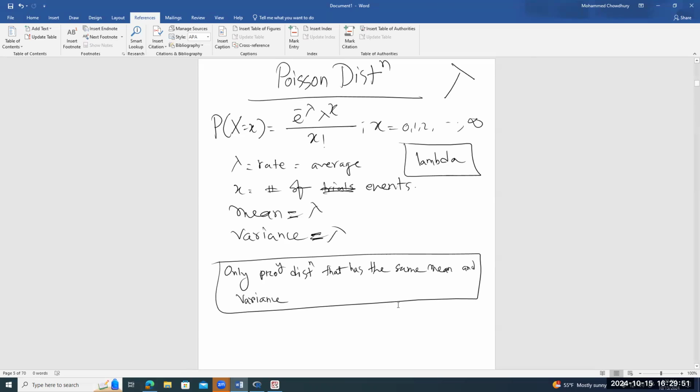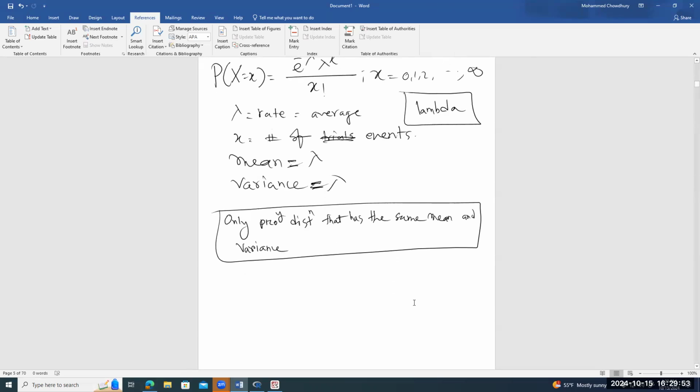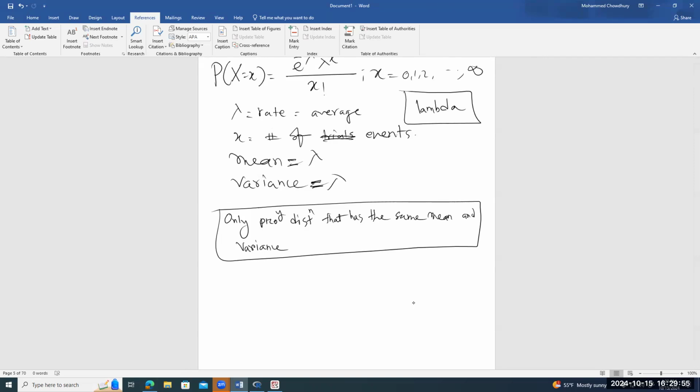Now let me explain this thing. This is the binomial distribution, how this distribution comes: NCX, P to the power X, Q to the power N minus X. From there, these things are applied. N goes to infinity and NP equal to lambda.